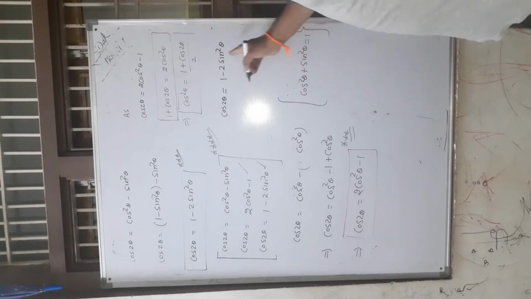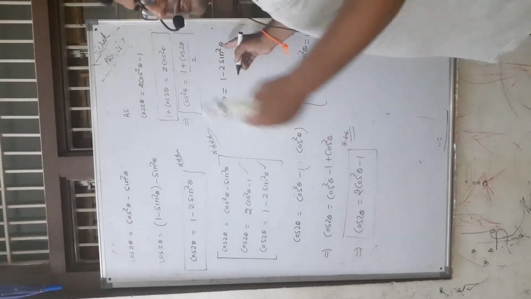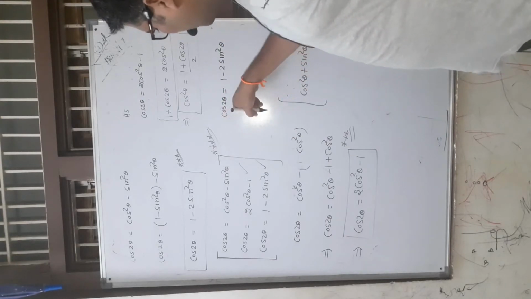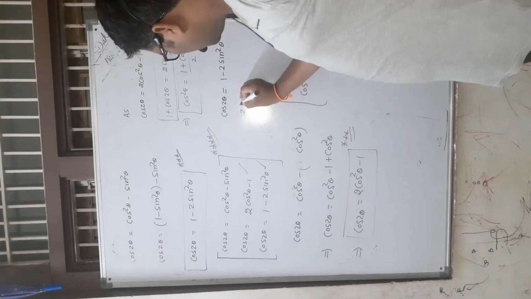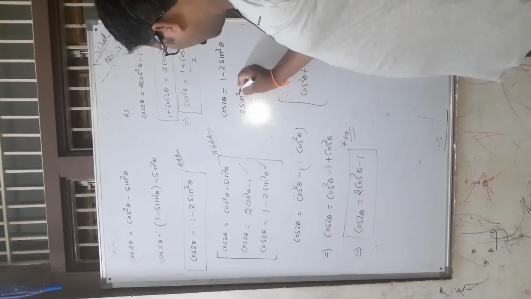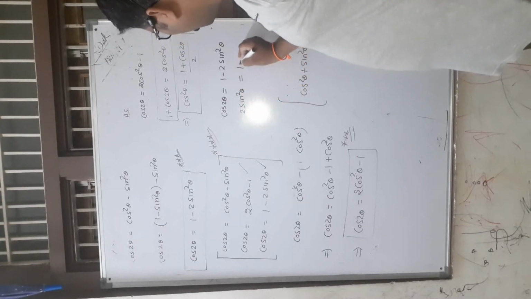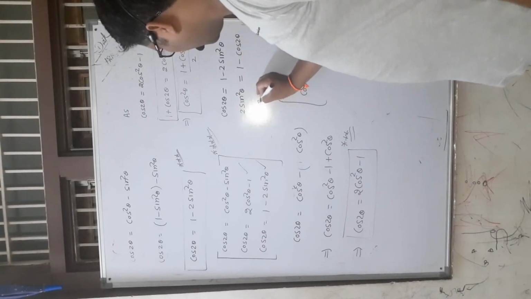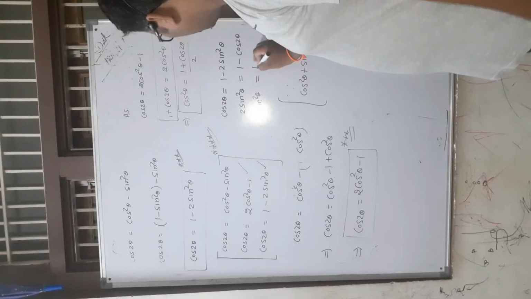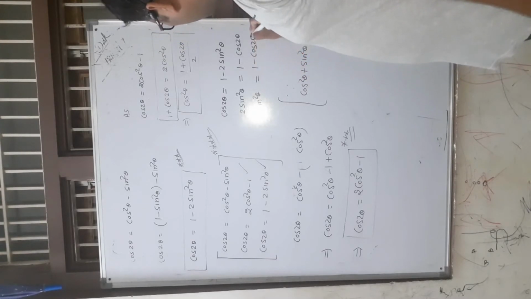So from here we take minus 2 sin square theta in LHS direction and cos 2 theta in right-hand side direction. So we can write 2 sin square theta equal to 1 minus cos 2 theta. So sin square theta equal to 1 minus cos 2 theta divided by 2.